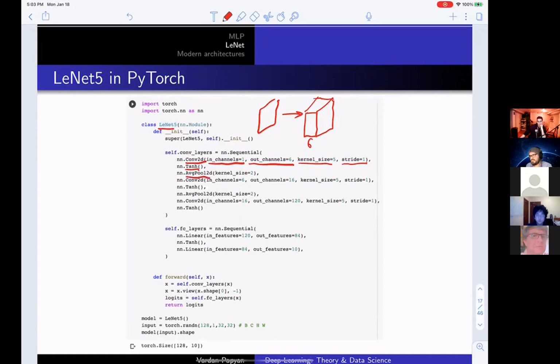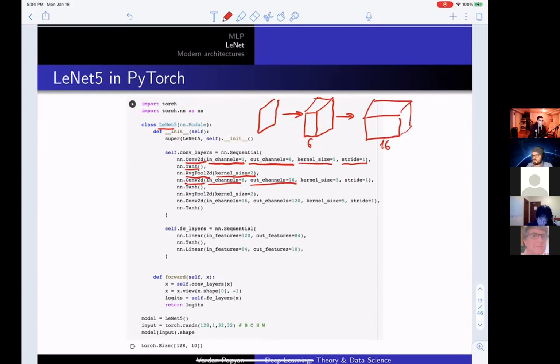The next thing we have is average pool with a kernel size of 2. That means we're averaging every 2 by 2 neighborhood. And then we have a convolution again, which obtains as input 6 channels and outputs 16 channels. So we get a 3-dimensional tensor now, which has 16 channels. And so on.